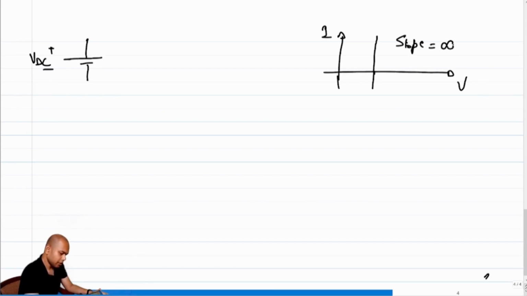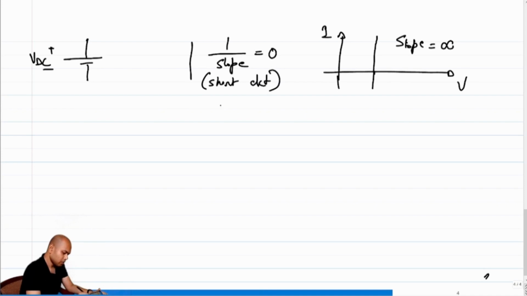The slope is infinity. If I replace this with its incremental equivalent, I replace it with an element which is 1 over the slope. If the slope is infinity, this is equal to 0, which means the impedance of this element is 0, so this is a short circuit.